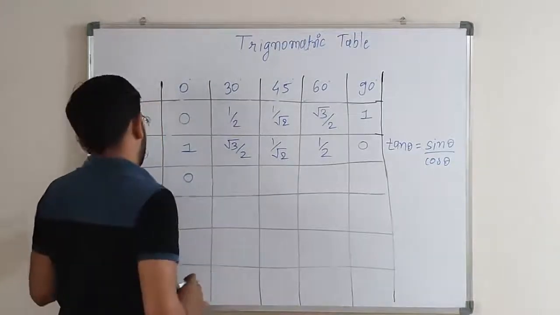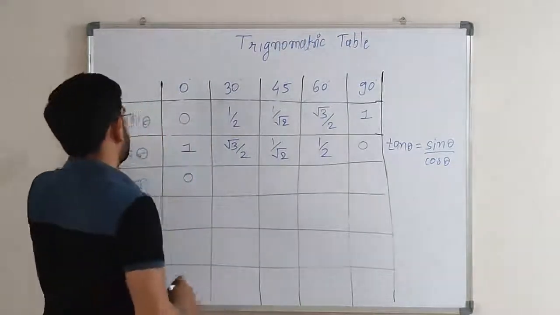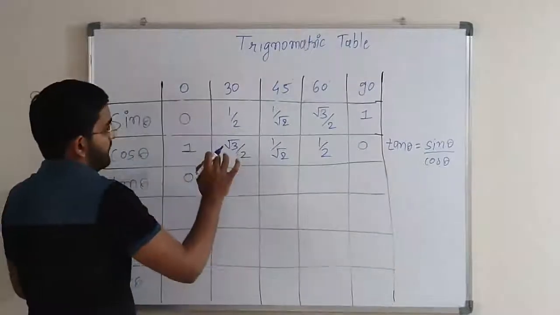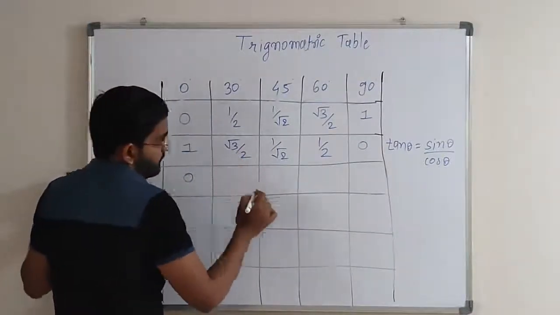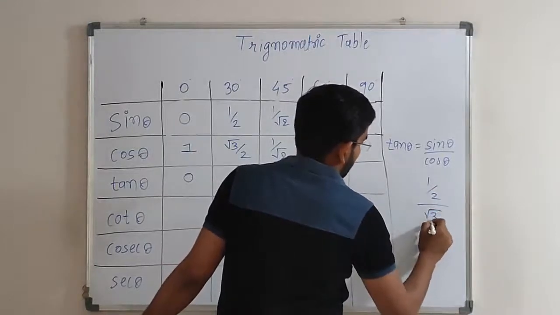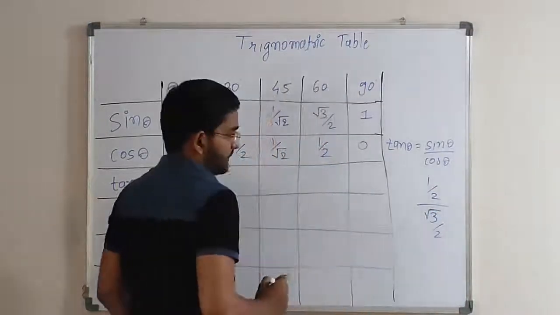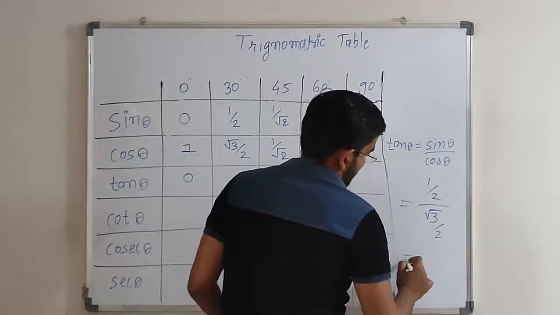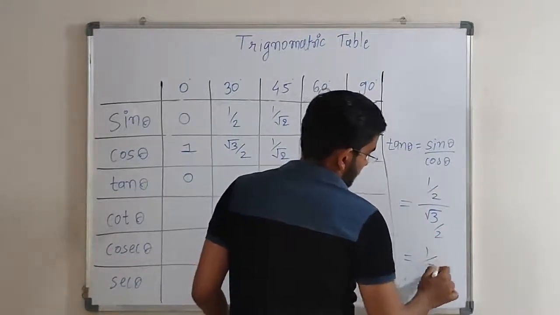Next is tan 30, it will be sin 30 divided by cos 30. So 1 by 2 divided by root 3 by 2, and the answer is 1 upon root 3.